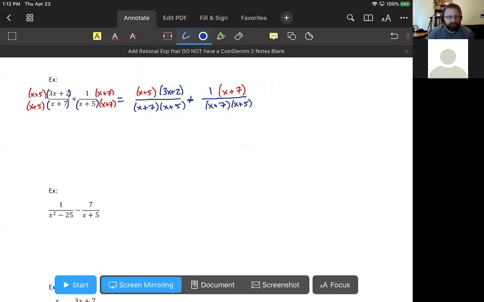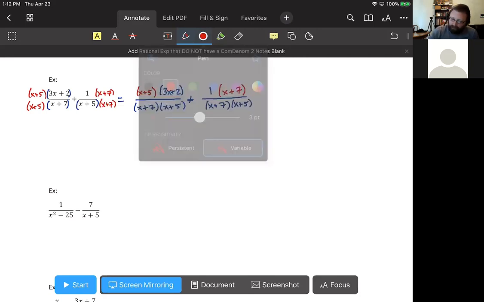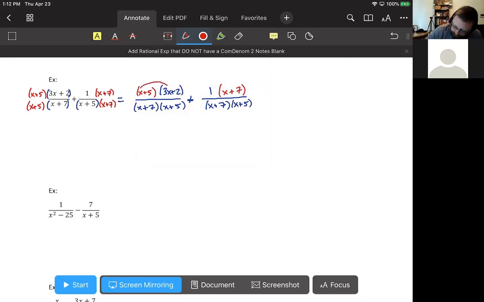Now, generally speaking, because we do not actually add the denominators together, we are not going to multiply out the denominators. We're just going to leave that in its factored form, x plus 7 times x plus 5. But we have to multiply out, or FOIL, or double distribute this set of two binomials here.